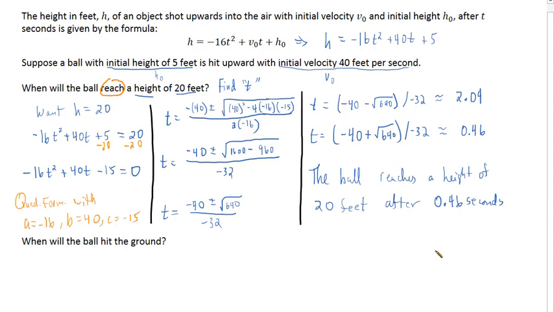The second part of this exercise asks, when will the ball hit the ground? We normally take the ground to mean a height of 0. So the ground, we want the height to be 0. And we can use the same equation, the same basic idea. And it's asking for when, so we want to find t again. Find the value of time that makes the height equal to 0.